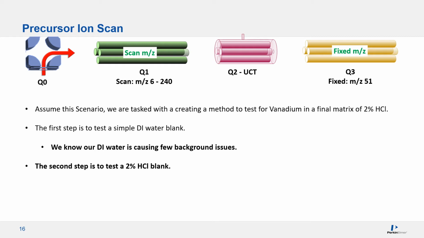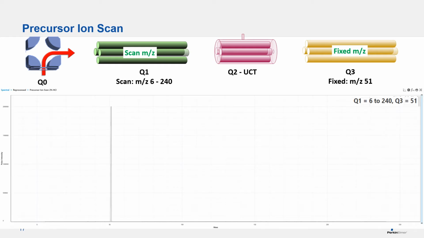In the case of vanadium, we know that the primary interference is ClO. So it's chloride-based interferences on vanadium. So we'll run an HCl blank, a dilute hydrochloric acid blank. When we do so, we see an interference at mass 51.